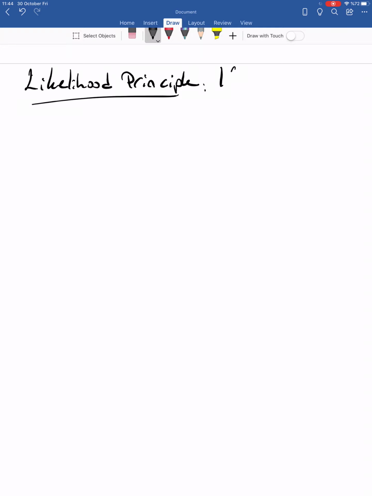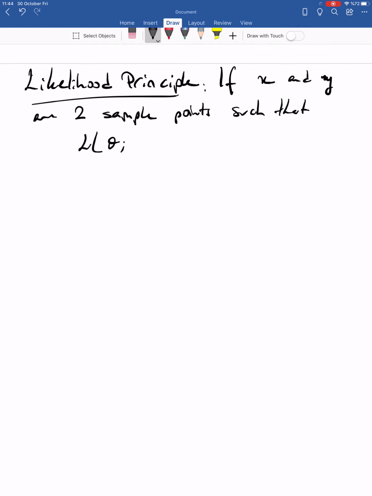So let's say we have two sample points, X and Y, such that the likelihood from X and the likelihood from Y are proportional to each other for all parameter values theta in the parameter space.